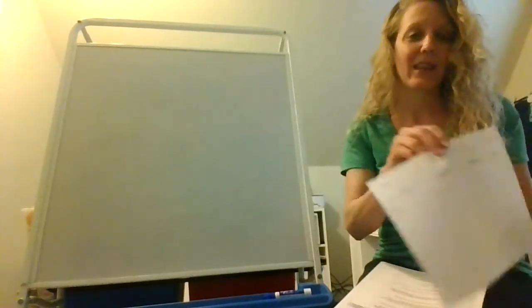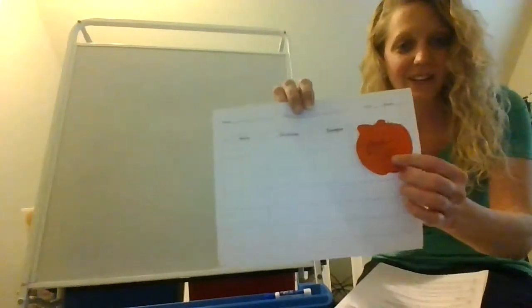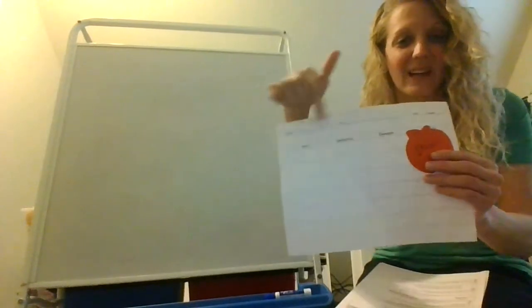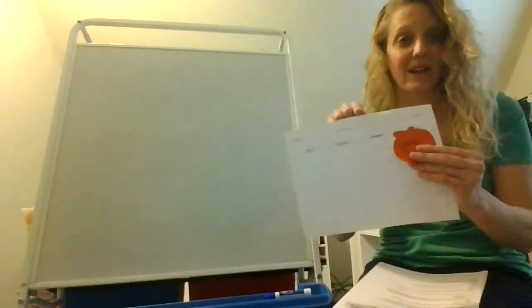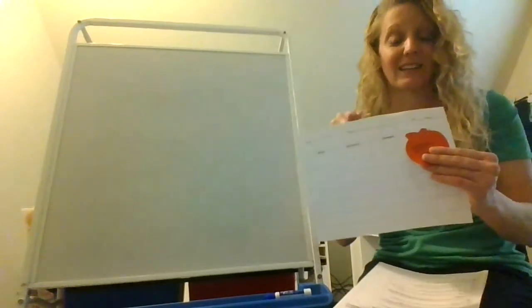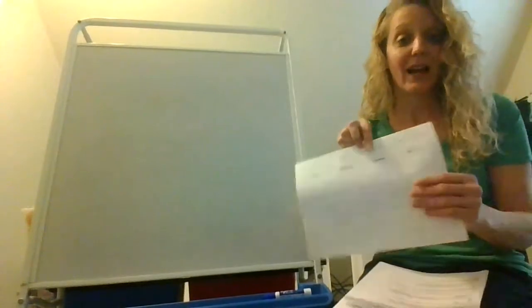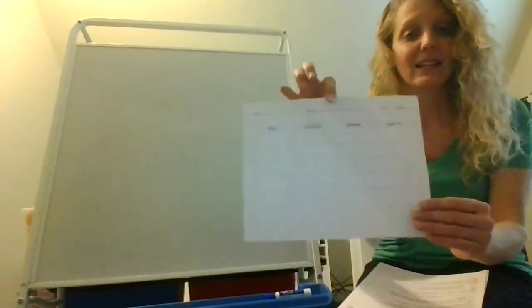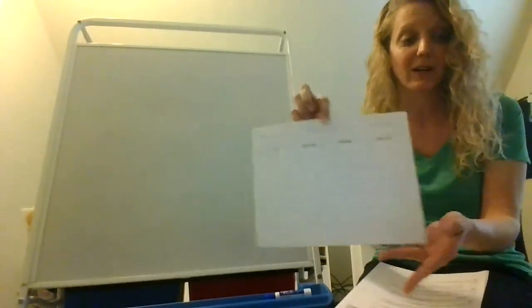I hope that in your first packet that we sent home, you have a sticky note that says extra that has some more vocabulary charts, because if you have an extra one, you can get that out now. We're going to write on it today. If you do not have one, I sent it in an email to your parents and they can print this out for you to write on.